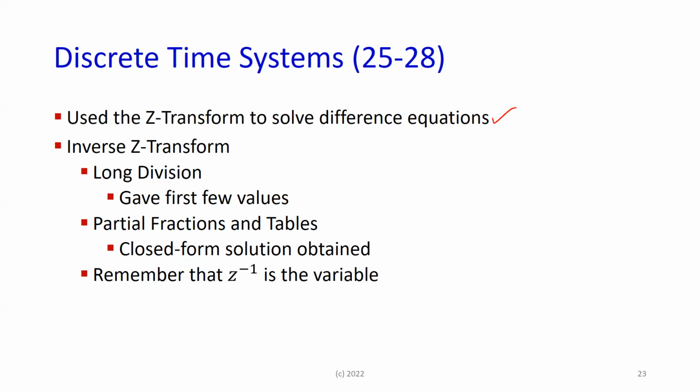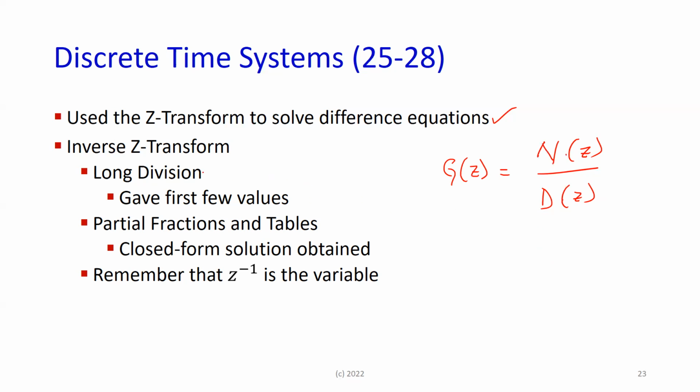So we did that, and then the inverse Z transform. There were two ways. There are actually three, but we only use two. One is long division. So the transfer function G(z) is a numerator polynomial over a denominator in Z, right? And what you do, you divide the numerator by the denominator, and it gives you the first few values.